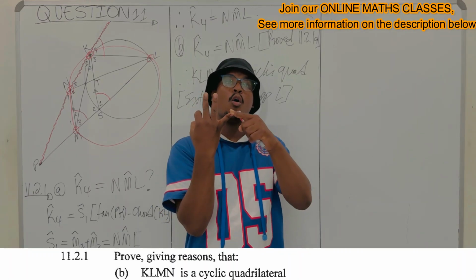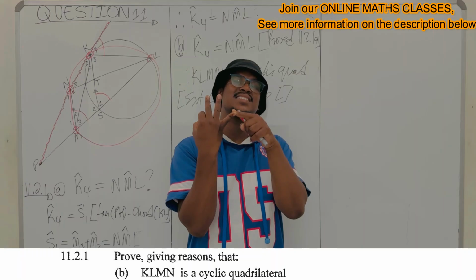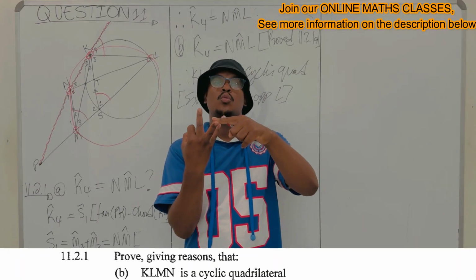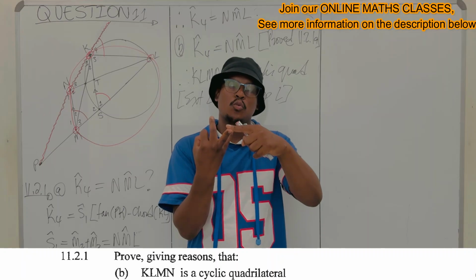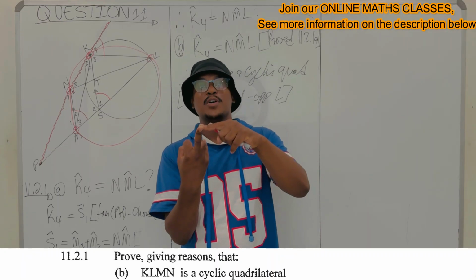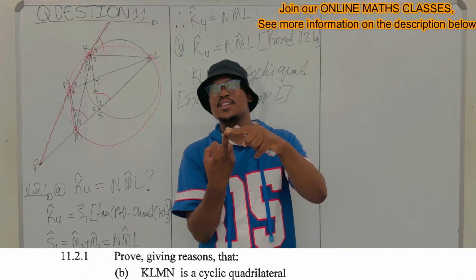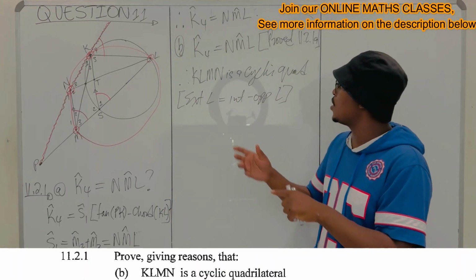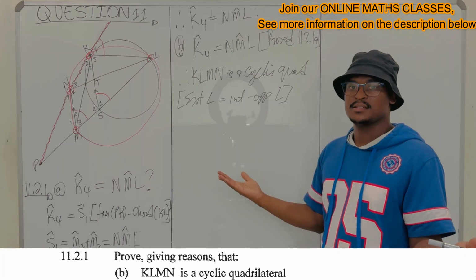One, the opposite interior angles are supplementary. Number 2, you can show that an exterior angle of your quadrilateral is equal to the interior opposite angle. Number 3, you must show that there is a line segment or 2 points that subtend equal angles on the same side. The second one is the one that we've applied here, and we're done with this.